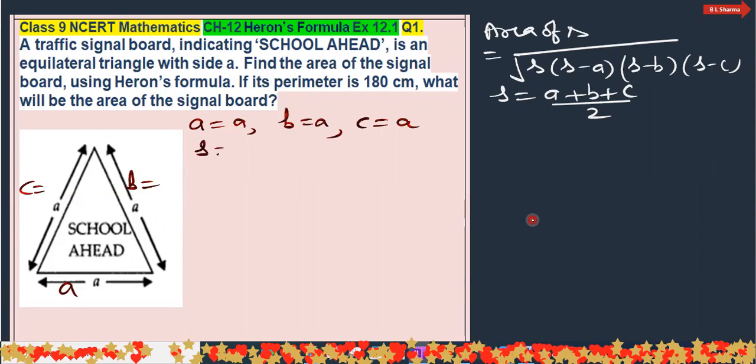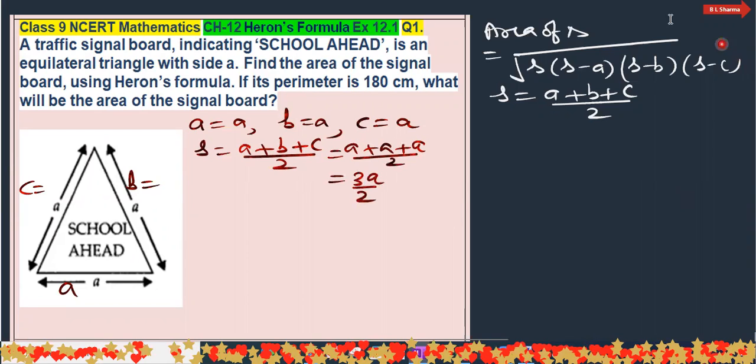So S is equal to a plus b plus c divided by 2, means a plus a plus a divided by 2, that is 3a by 2. And S minus a, that is 3a by 2 minus a, you can take LCM.